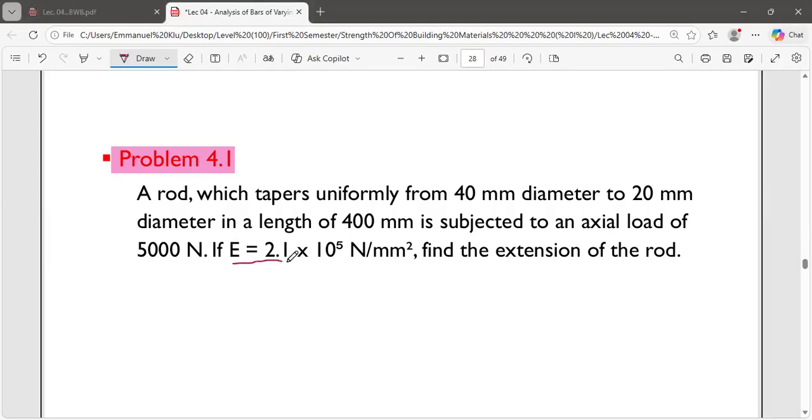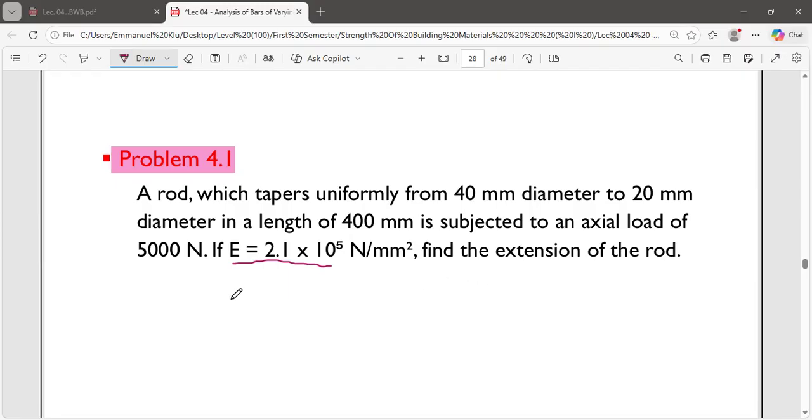If E is 2.1 times 10 exponent 5 Newton per millimeter squared, find the extension of the rod. In other words, find the change in length of the rod, the deformation of the rod, the elongation of the rod.